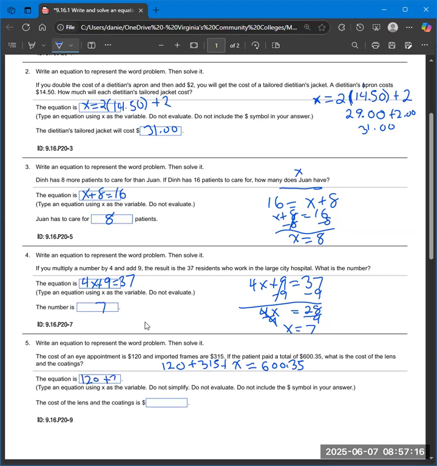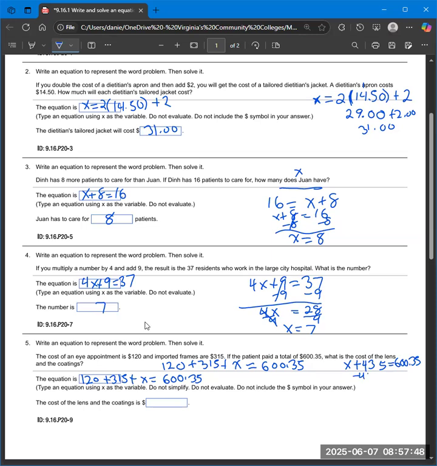120 plus 315 plus x is equal to $600.35. Let's go ahead and add 120 and 315 on the left-hand side to make a simpler statement there. That's going to be 5 and 3 and 4, which is $435, equal to $600.35.